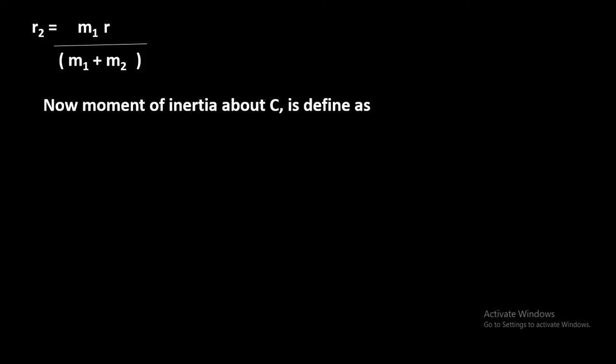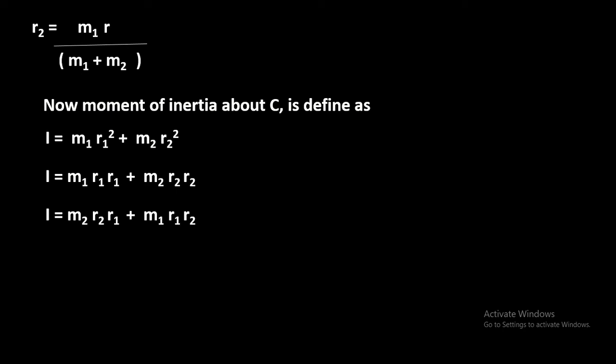Now, the moment of inertia about C is defined as I equals M1 R1 square plus M2 R2 square. M1 R1 square is written as M1 R1 into R1, and M2 R2 square is written as M2 R2 into R2. Since M2 R2 equals M1 R1, putting this value in the above equation, it becomes M2 R2 R1 plus M1 R1 R2.